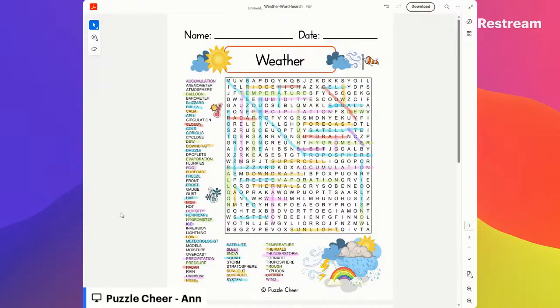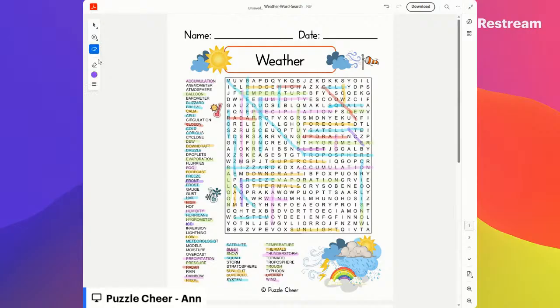Okay, let's see. Rory says front is vertical, starting with the F of freeze, bottom left. Front, got it. F-R-O-N-T, front. And Dino Game Hub says models is vertical, just right of wind.